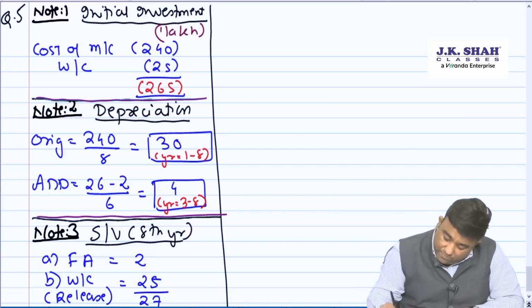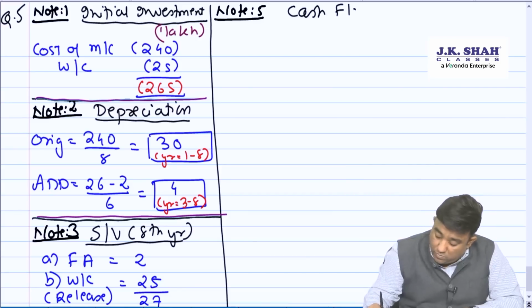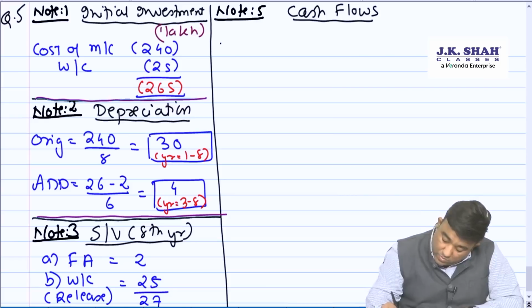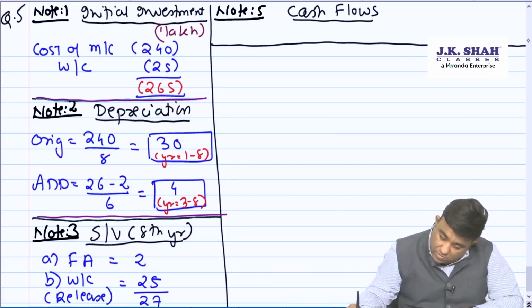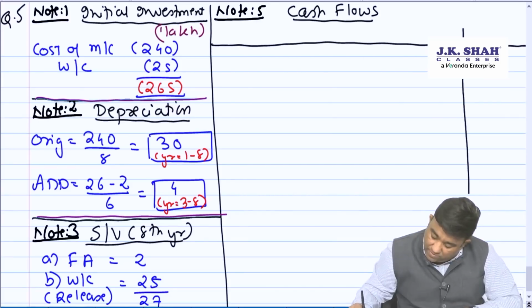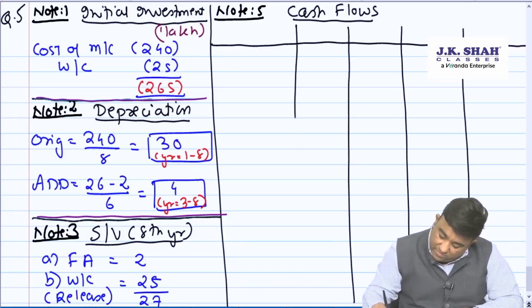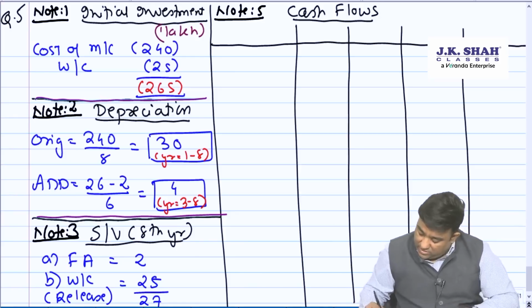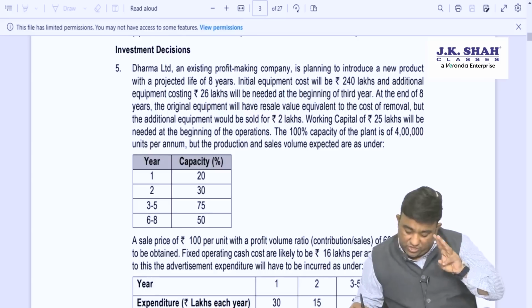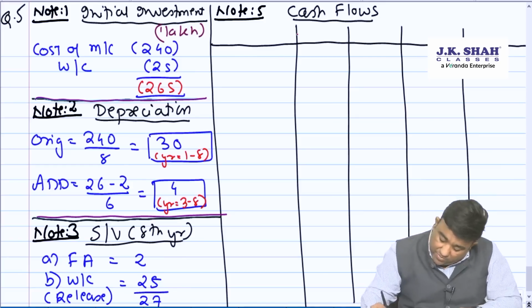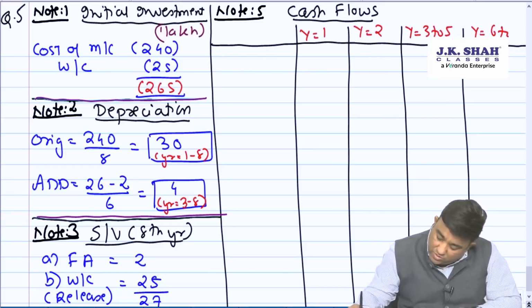Student, note 4 will be the computation of my cash flows. Now for these cash flows, they have given 4 different periods. Year 1, 2, 3 to 5, 6 to 8. Yes, this is going to be year 1, year 2, year 3 to 5 and year 6 to 8.